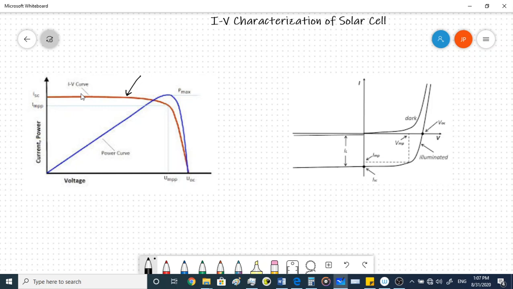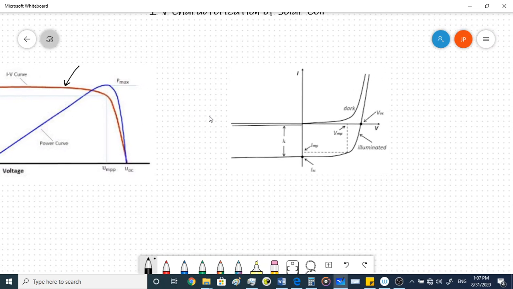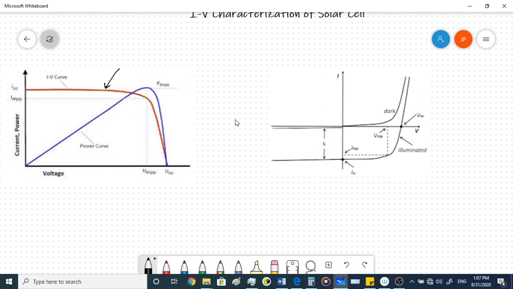But the actual graph of a solar cell is in this form. So what is the graph of a PN junction diode? This is the graph of a semiconductor. Any semiconductor or PN junction will have such a graph.